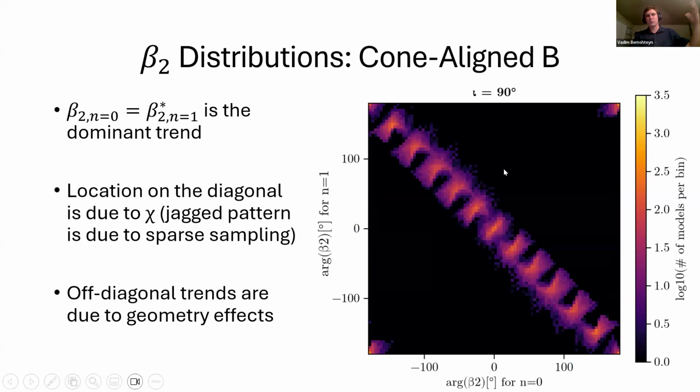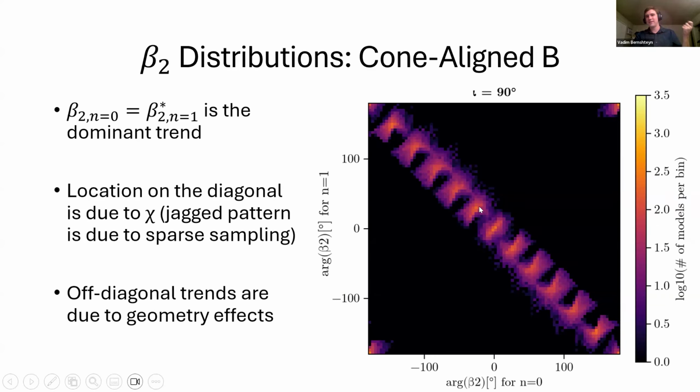First thing we do, once we ray trace them all, is plot the distribution. The x-axis is the argument of beta-2 for n equals 0. The y-axis is the argument of beta-2 for n equals 1. And here's the case where the magnetic fields lie strictly in the surface of the cone. This is the distribution of models we get.